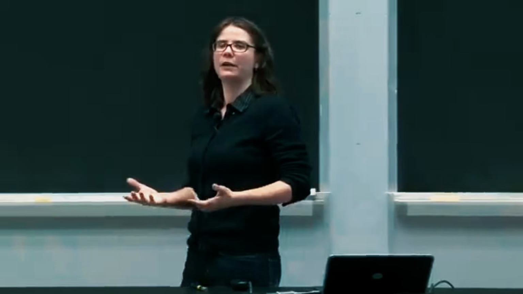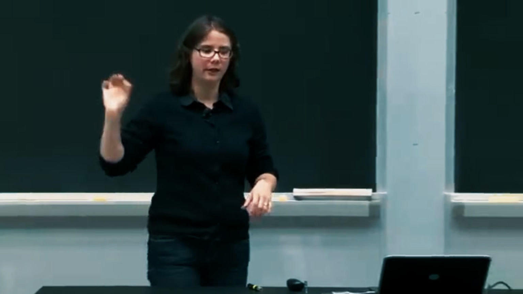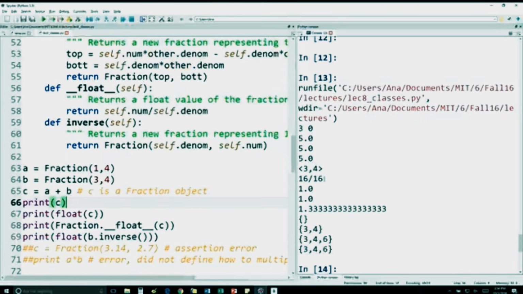So C as a fraction object is going to be 16 for the numerator and 16 for the denominator, because it's a fraction object. If I print C, it should print 16 over 16, so we can even run it. So it prints 16 over 16.